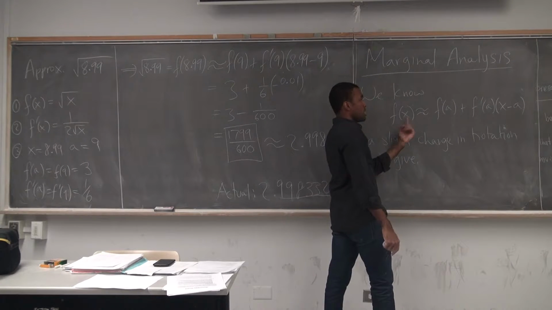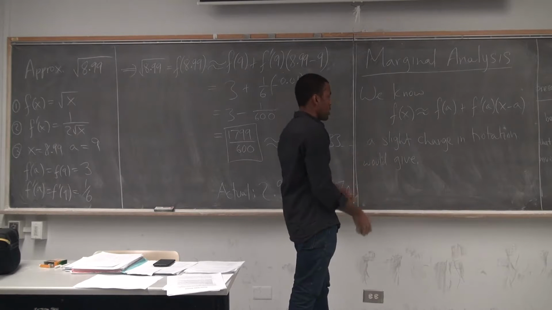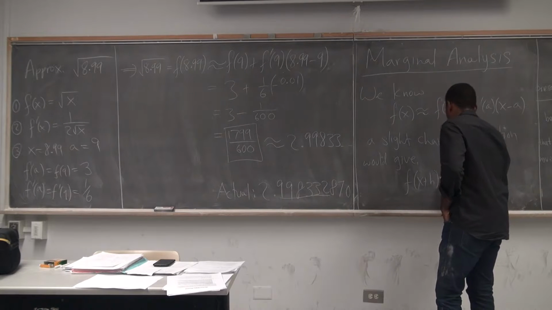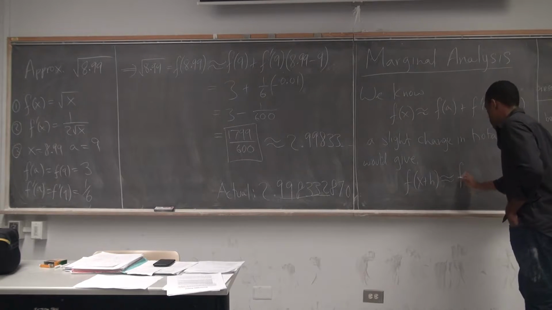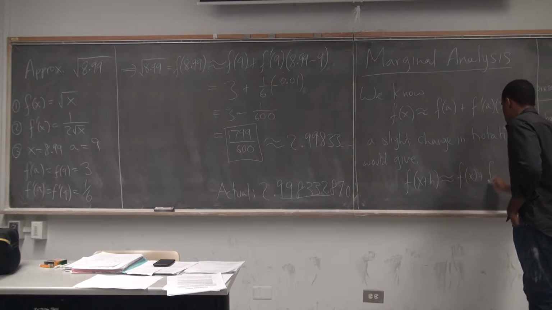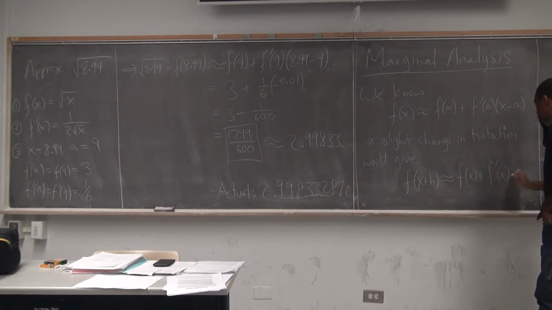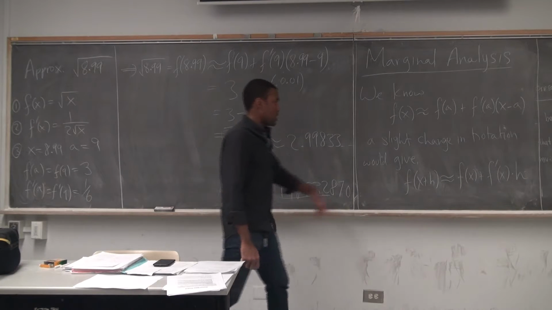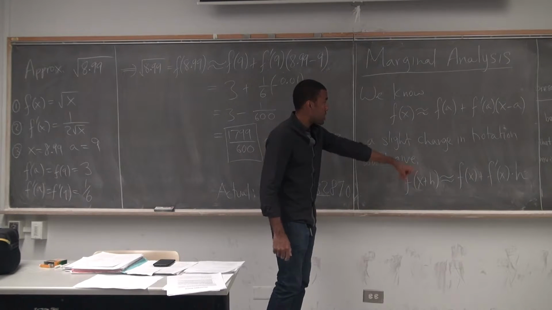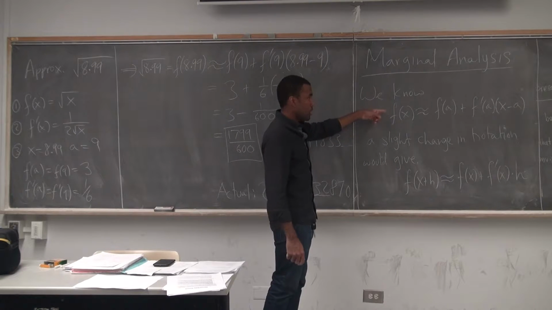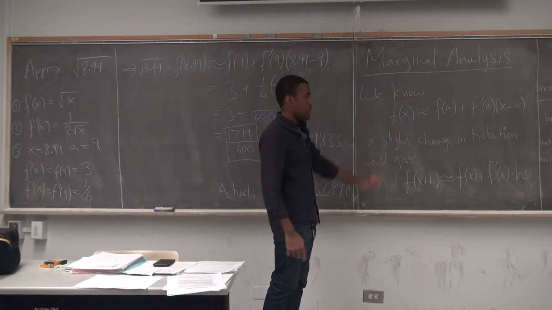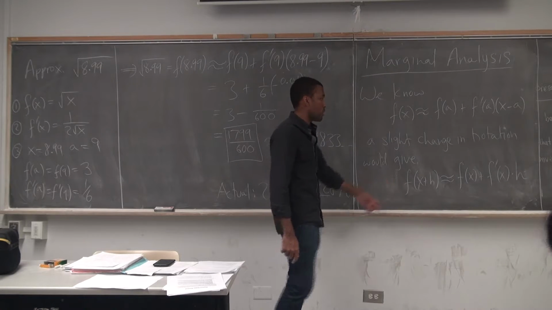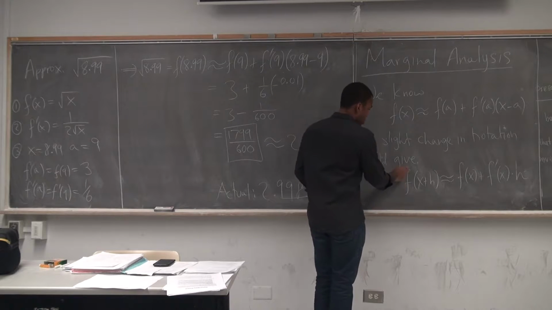But for x I put b, right? If I use the f of x plus h notation, then it will look like this. F of x plus h is approximately equal to f of x plus f prime of x times h. All right, so this is using the f of x plus h minus f of x over h definition. This is kind of using the f of b minus f of a over b minus a definition. They're both equivalent, right? But for marginal analysis, they usually use this one. And this is a very important formula, by the way.